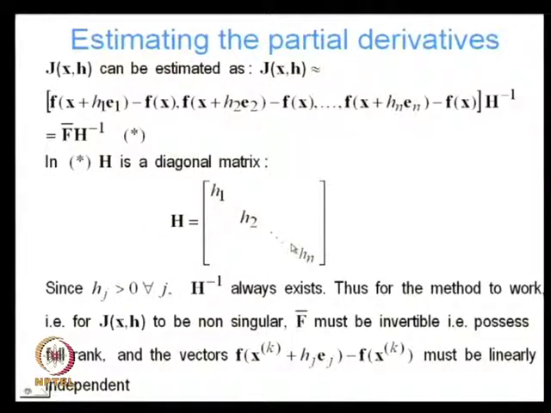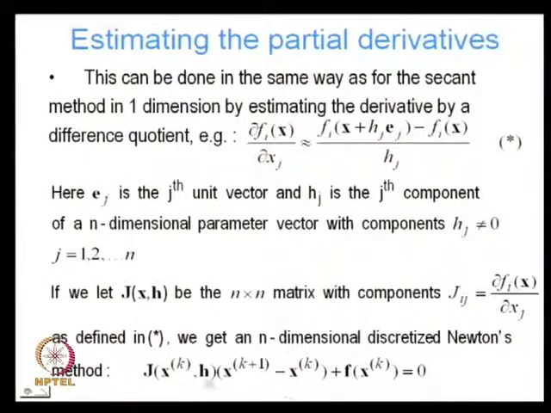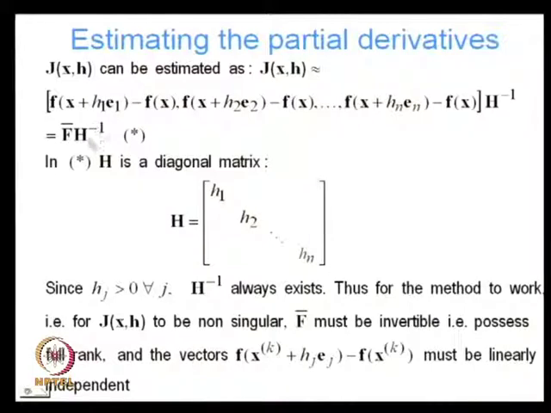It's a diagonal matrix with non-zero diagonal terms, so its inverse must exist. But remember, what do we have to do to find my increment? I have to invert this matrix, right. So, not only must H inverse exist, this matrix must also be invertible.